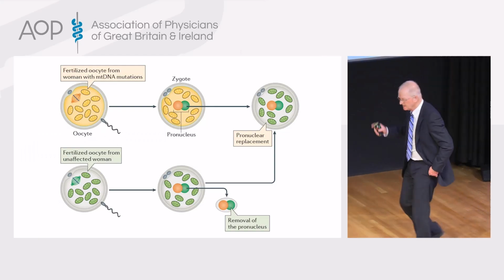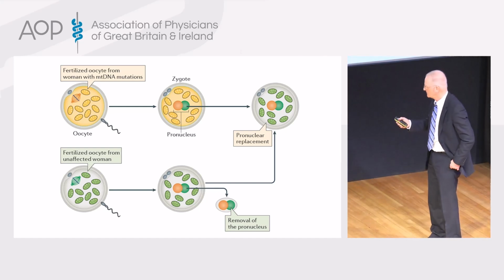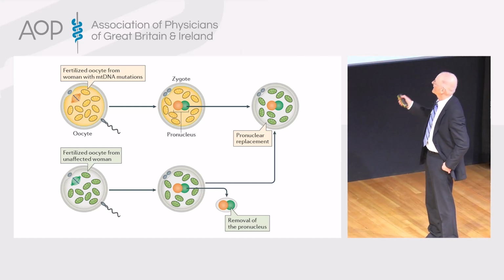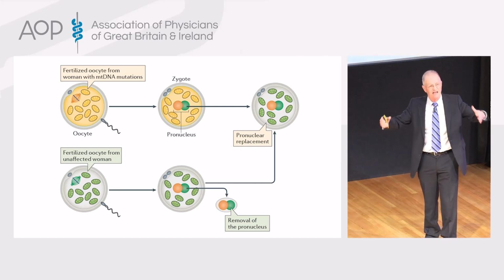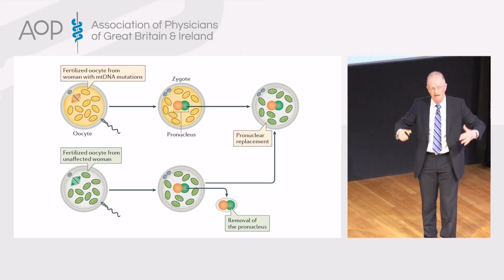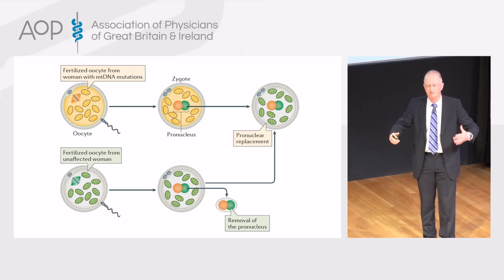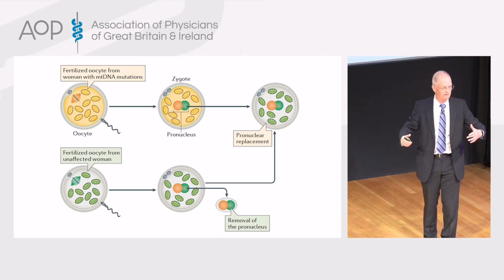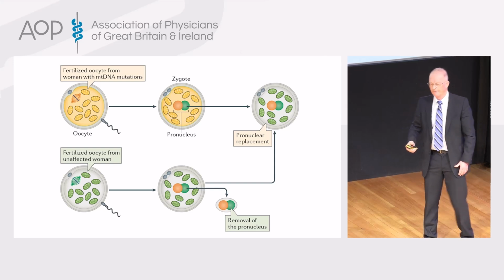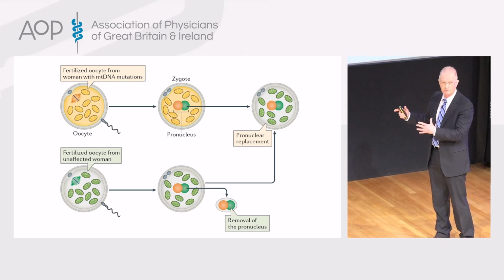So I explained, to do this, with the woman's eggs, we collect them through IVF. They go through IVF 3 times. You want to try and get 20, 30 eggs. So that's a lot to go through.